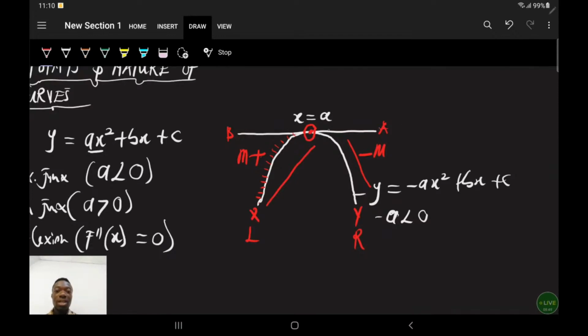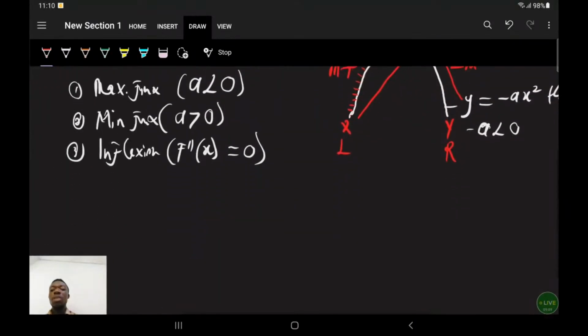You can see that this curve lies below the gradient line AB. That is what we call a maximum curve. So let's take note: when moving from left to right, the gradient changes from positive to negative.